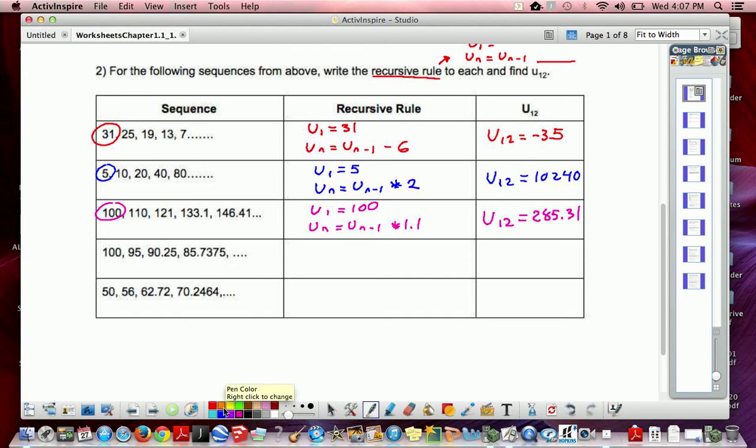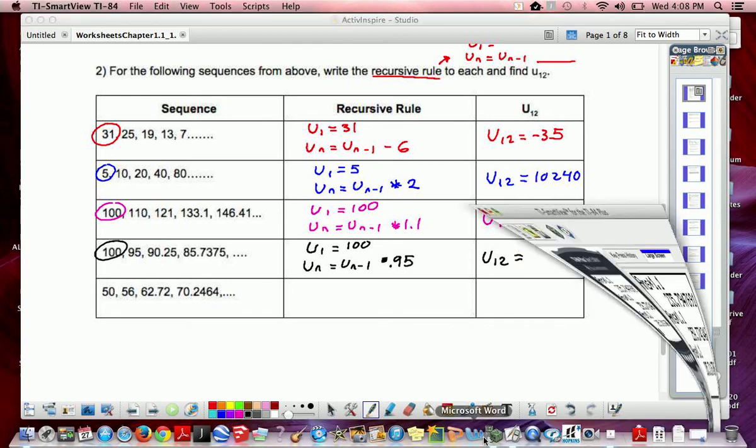So our next one here. Again, first term is actually the same as our previous problem, 100. But this one was decreasing because we were multiplying by, oops, forgot the little decimal point, 0.95. So now, we notice how this one's going down. This one's going to get smaller and smaller.